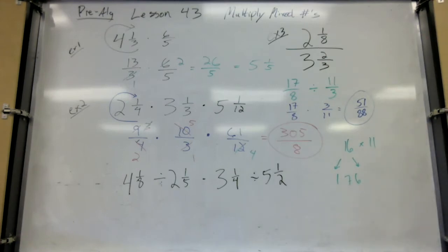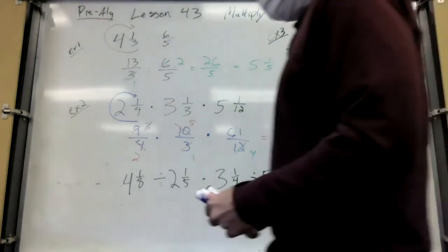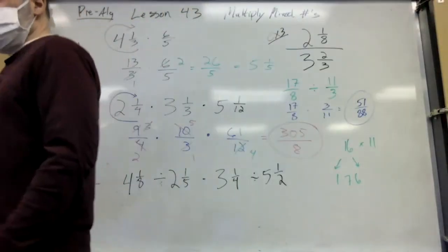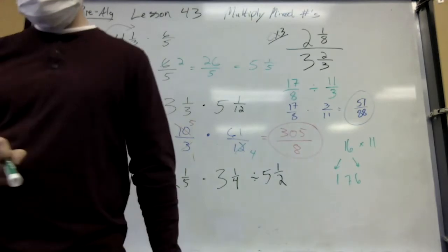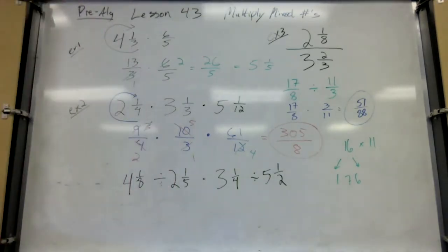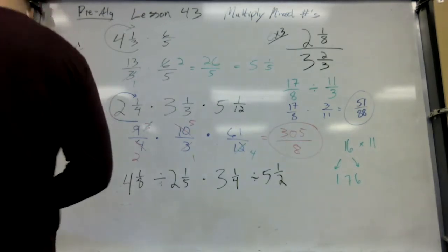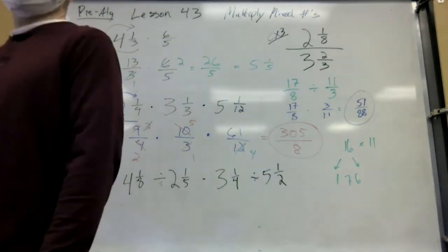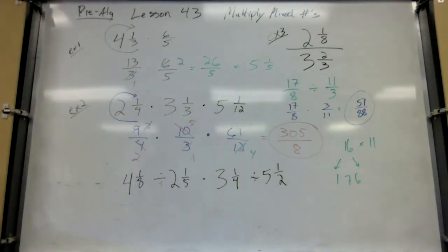So 25 times 11 is 275, right? If you have 176 in part of your answer, you're right. Wait, you said 16 times 11 is 176. Yep. Okay, so now I know. Thank you, Mr. Flack. I just give you the answer.